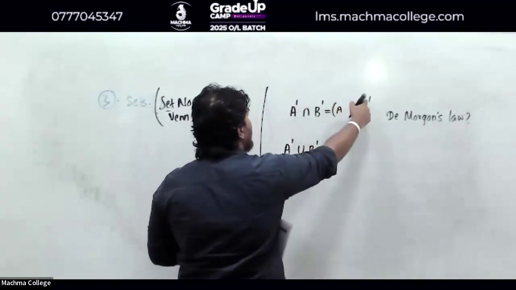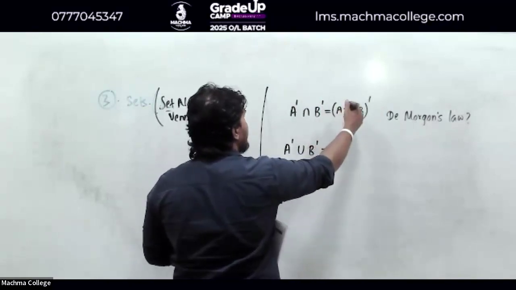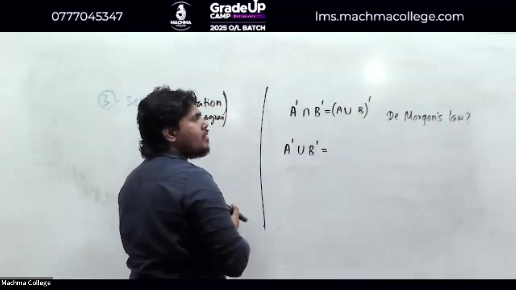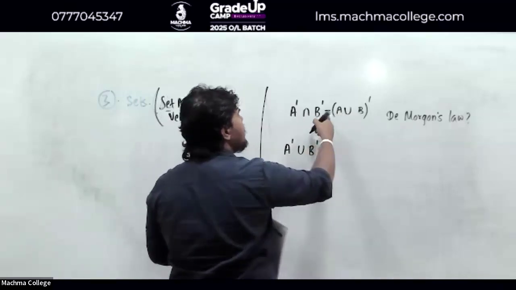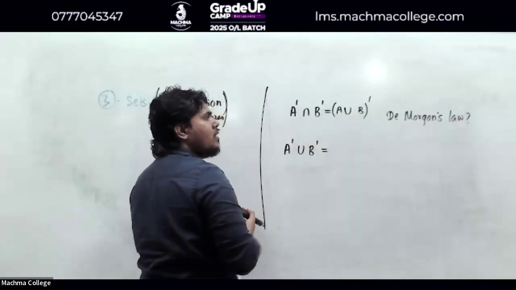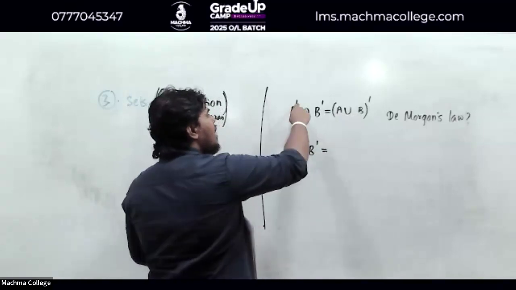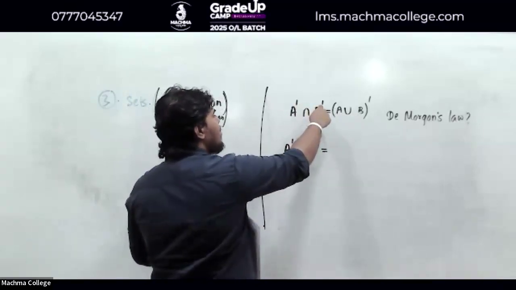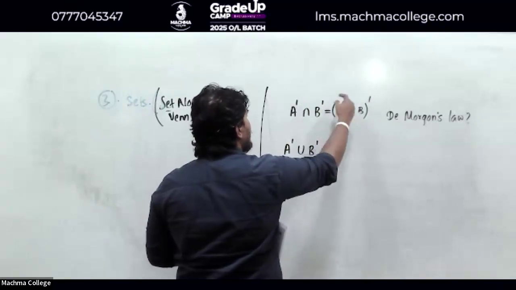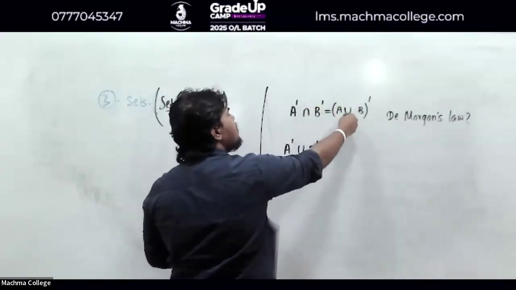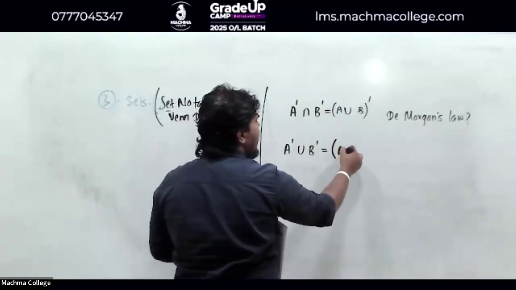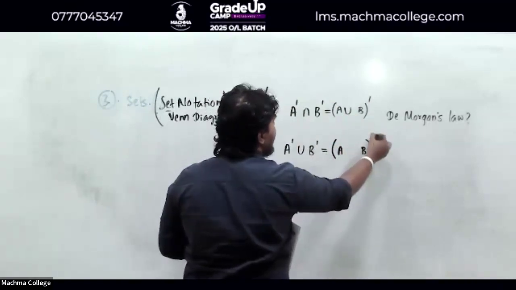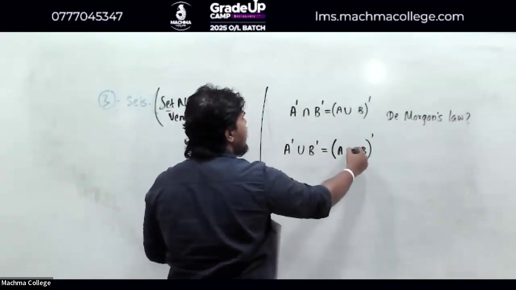When we take the complement outside, this intersection converts to union. If you can't shade the region from this, shade from this, because both of them are equal. What is De Morgan's law? Complement, intersection, complement. Once you take the complement outside, intersection goes upside down as union. This one happens the other way around. A, B, if I take the complement outside, union becomes intersection.